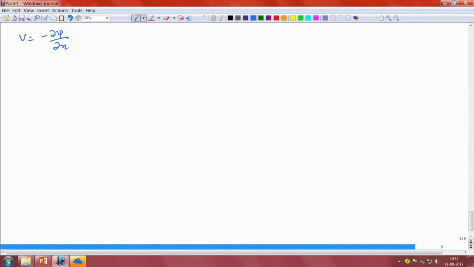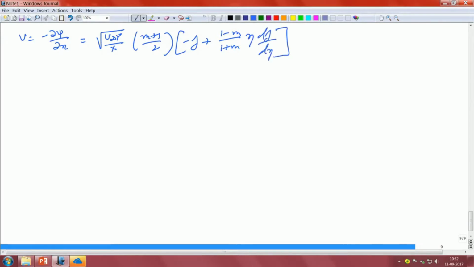Given by that, if I write the full expression, because there are a few steps which I am going to skip over here that you can work out. This is what we wrote in our general case of suction and blowing also. It comes basically like this.